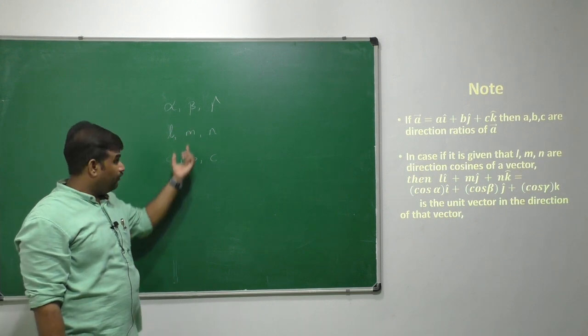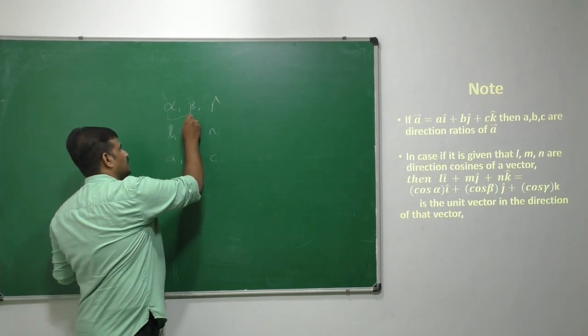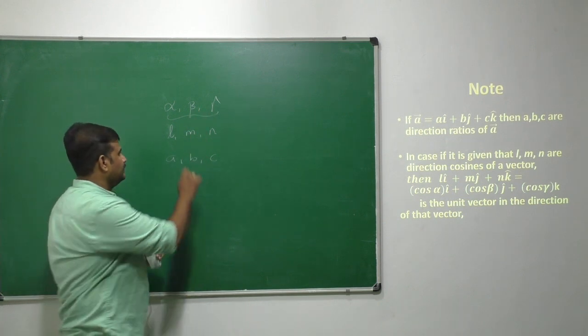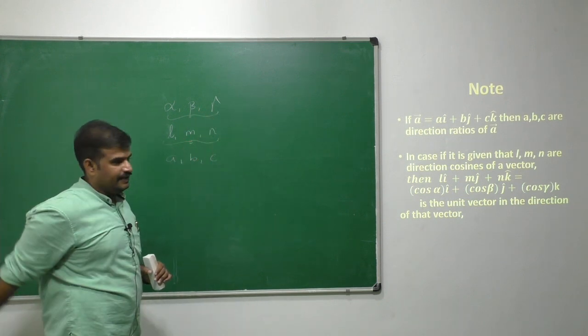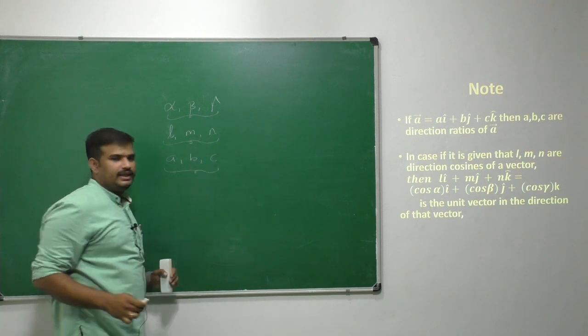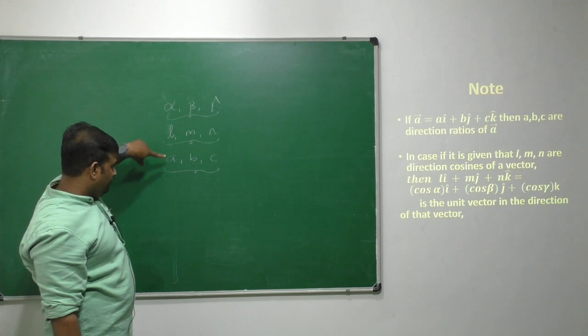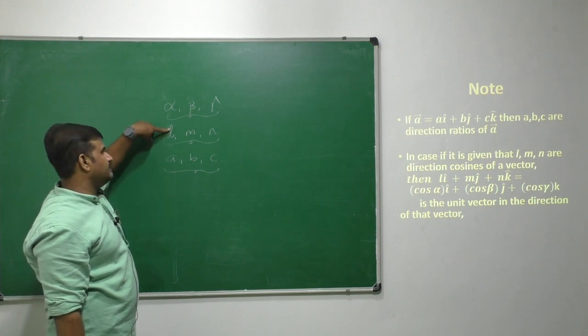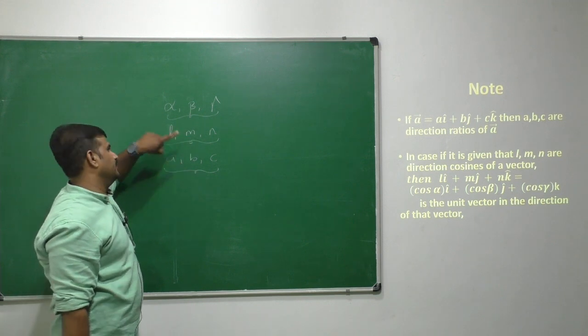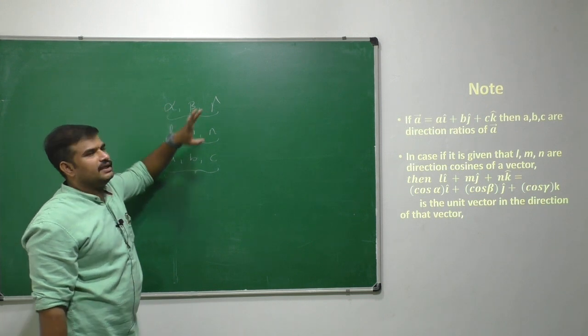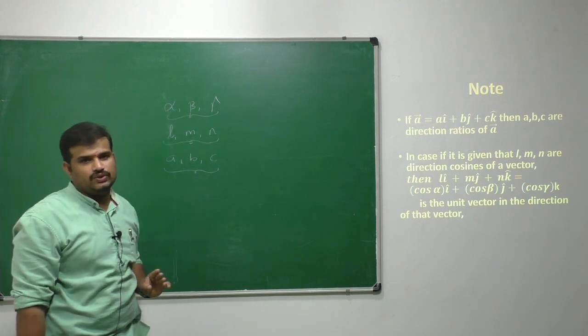These three are very, very important: direction angles, direction cosines and direction ratios. All three have a relation.